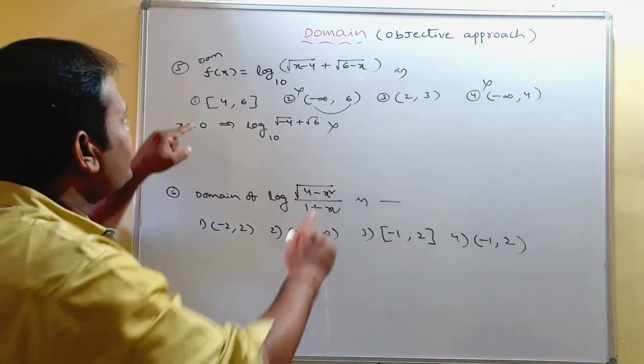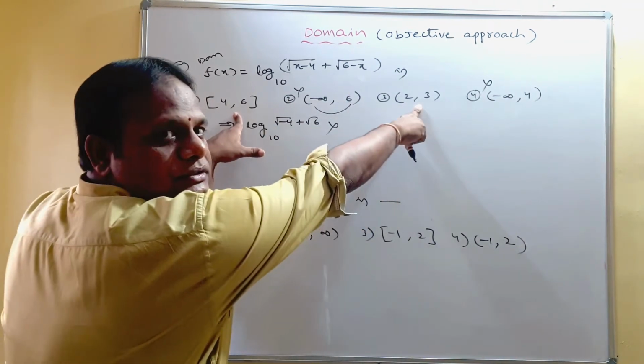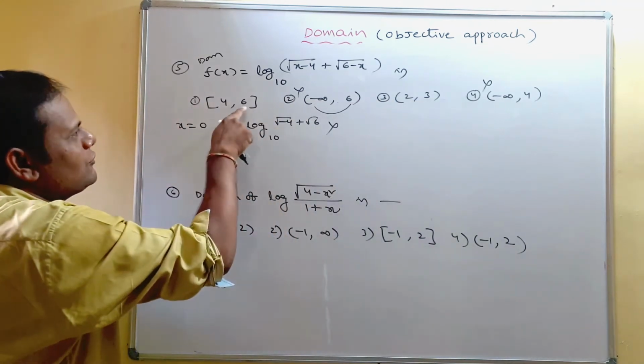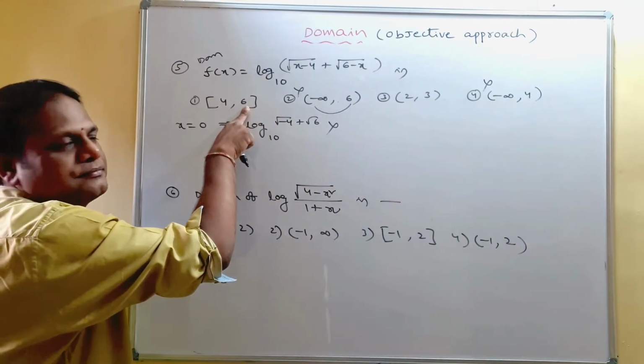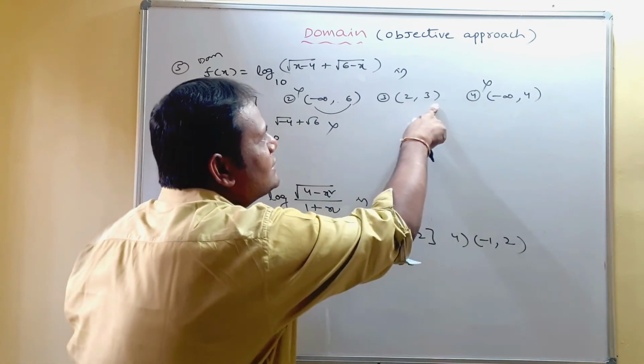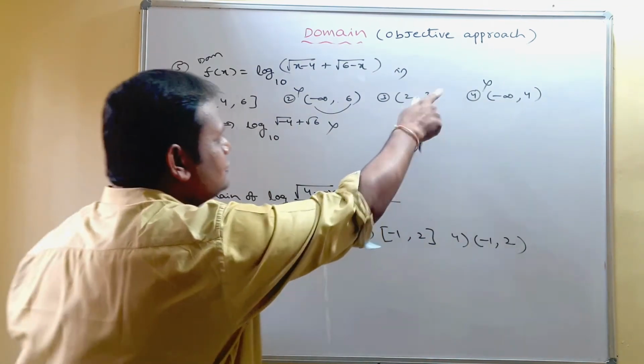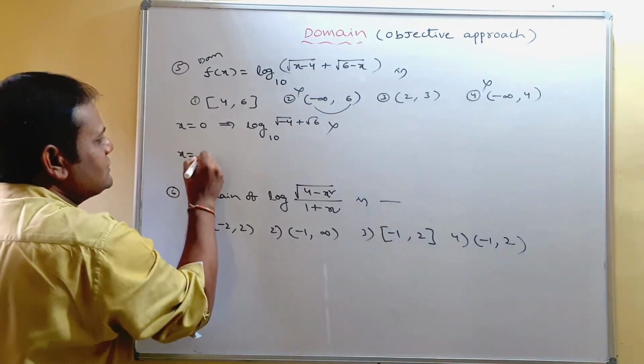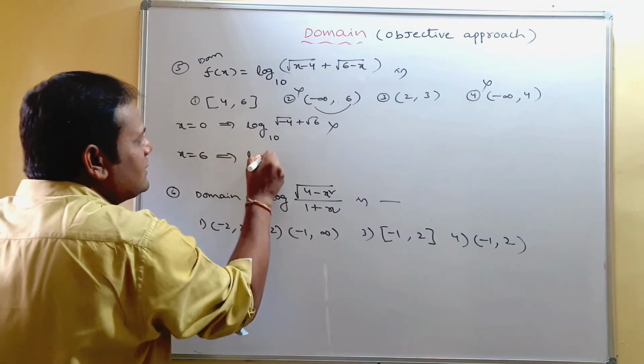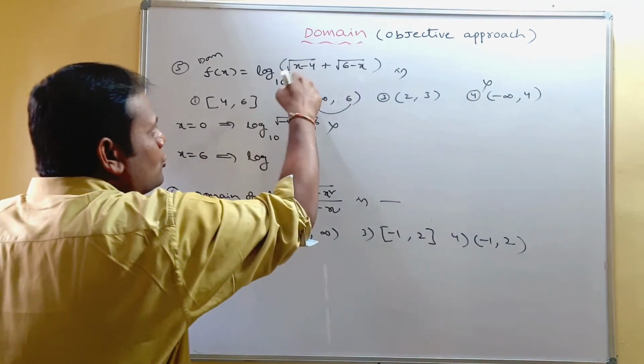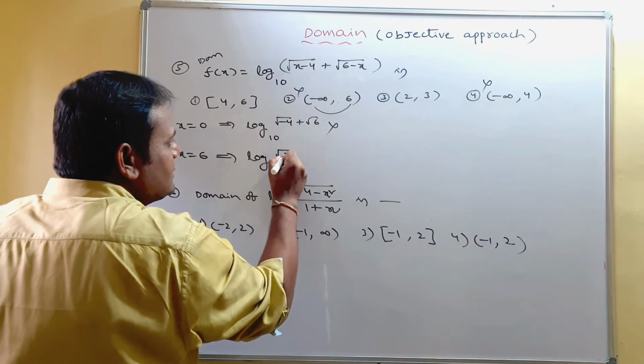Again you observe these two options. Here we have 6. Here there is no 6. So you put x equal to 6. What happens you see? That is log root 6 minus 4. What is it?